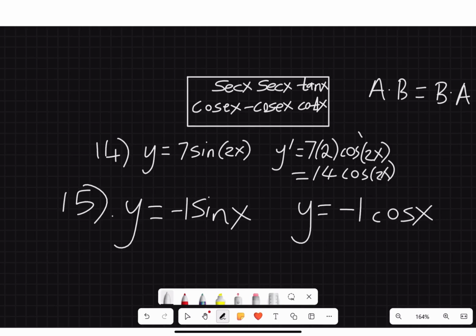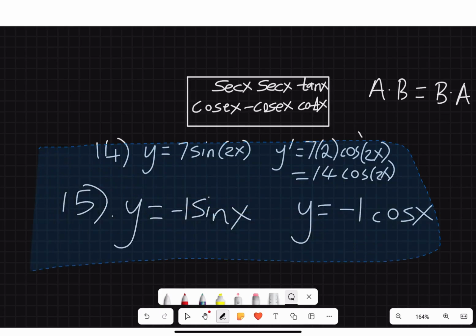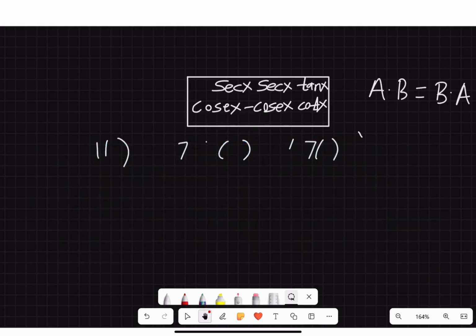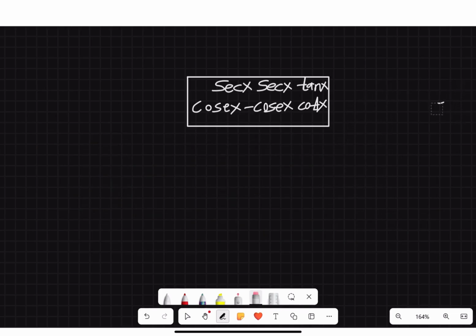All right, let's now go to 16. I hope you're following, ladies and gentlemen. So on 16 we're going to have y equals negative cos x.